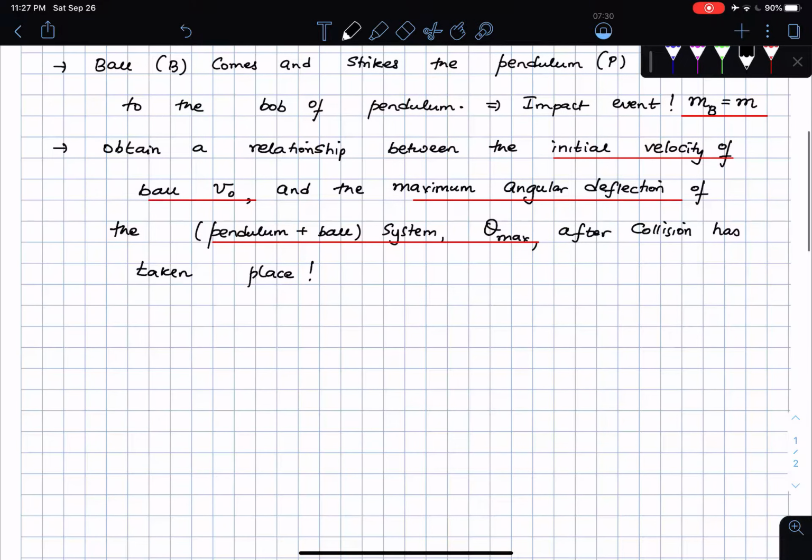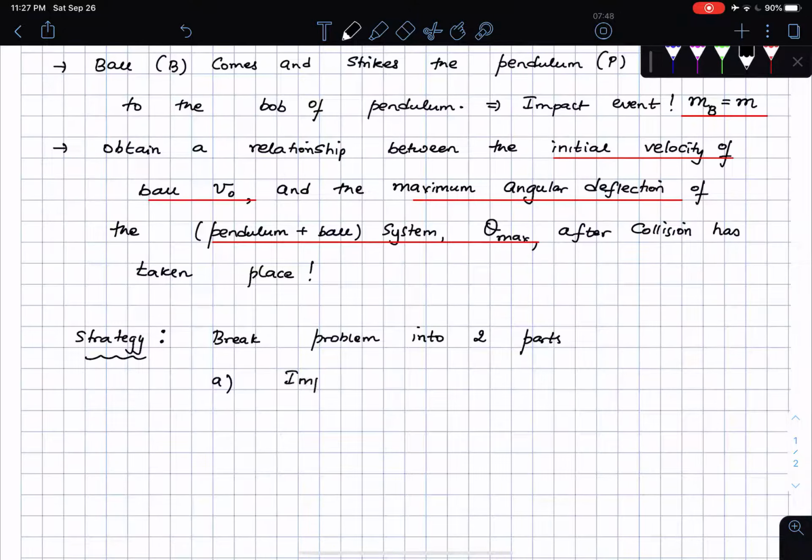Strategy. Break the problem into two parts. Initially is the impact part, impact between ball and pendulum.